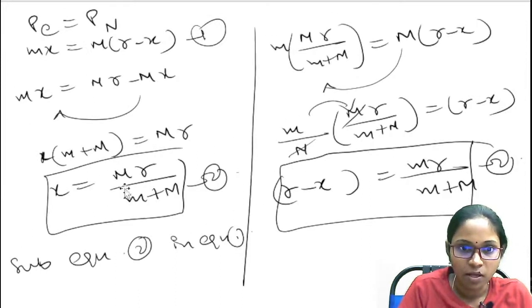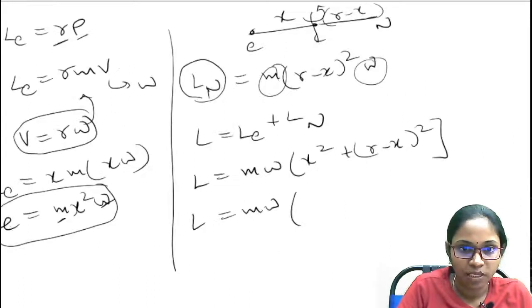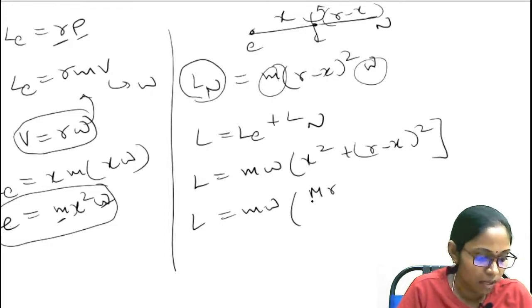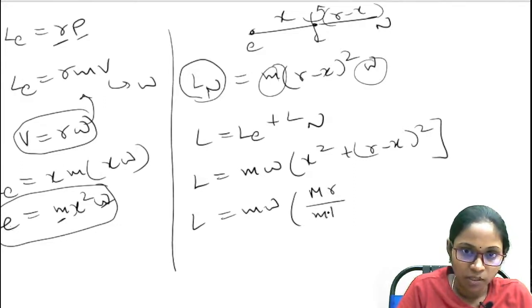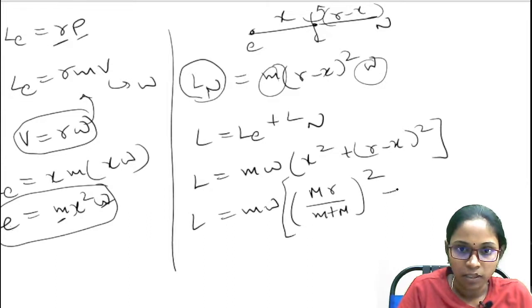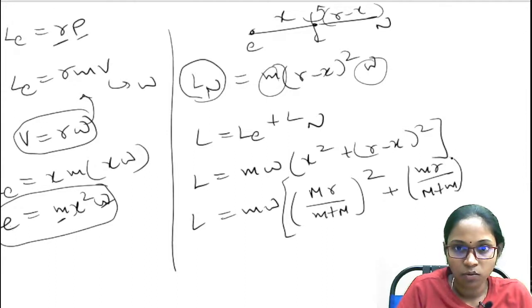We have this is M capital M r by small m plus capital M whole square, plus this will be small m r by capital M plus small m whole square.